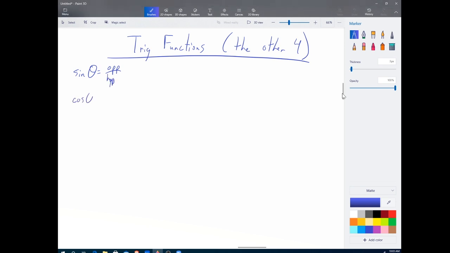There's the cosine, which is adjacent over hypotenuse. And there's the tangent, that is opposite over adjacent. And of course, when we say that, we mean in terms of any triangle where there's an opposite side, an adjacent side to the reference angle, and of course the hypotenuse.